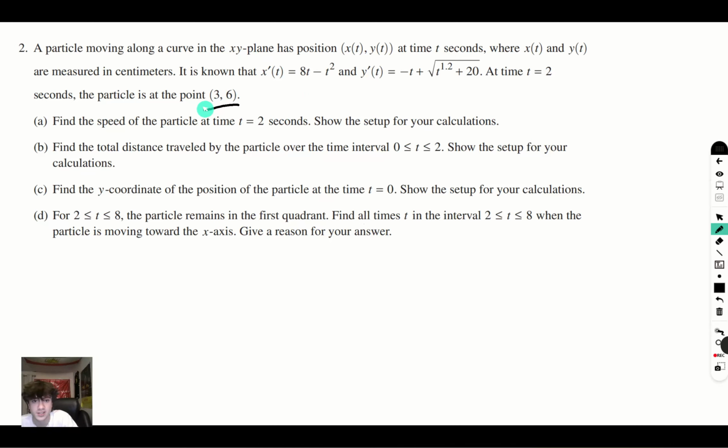So we can find the distance between the point it's at 0 seconds and the point it's at 2 seconds. So let's do that right there.